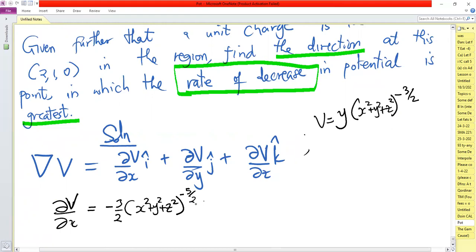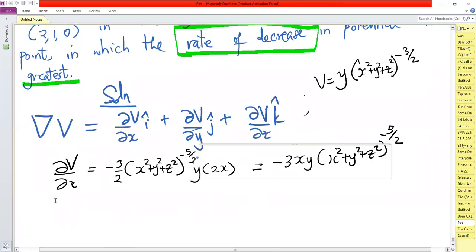And then there's y here. When you differentiate inside with respect to x, you get 2x. So this will reduce to minus 3xy, because the 2 and 2 cancel out. So I have minus 3 times x times y, times x squared plus y squared plus z squared raised to the power minus 5/2.